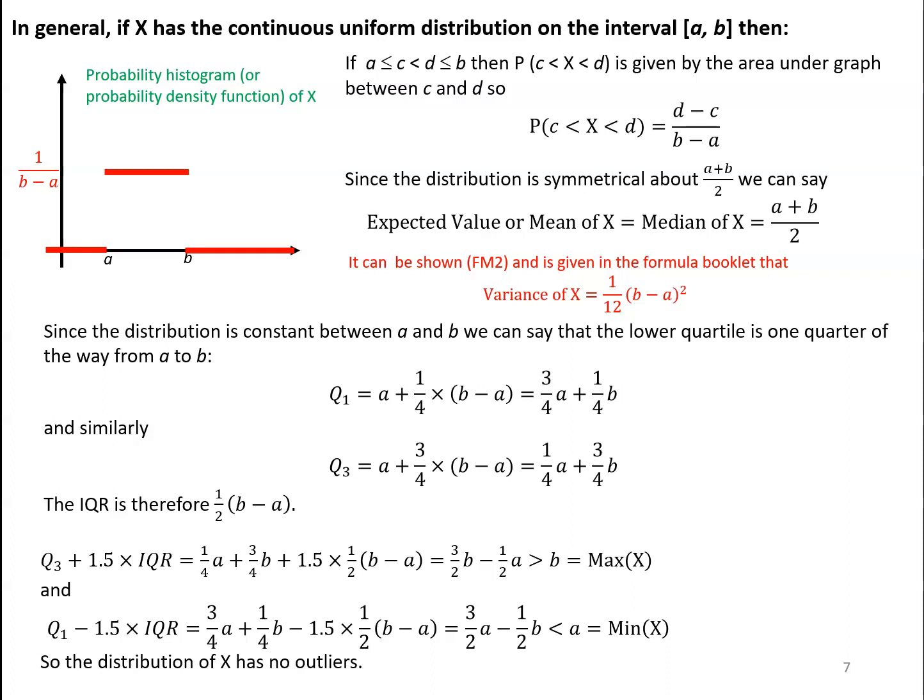We know that b is bigger than a, so therefore 1.5b take away a half a is definitely bigger than b, which is the maximum value that x can take. Similarly, the lower fence is definitely smaller than the minimum value that x can take. So the continuous uniform distribution definitely has no outliers.